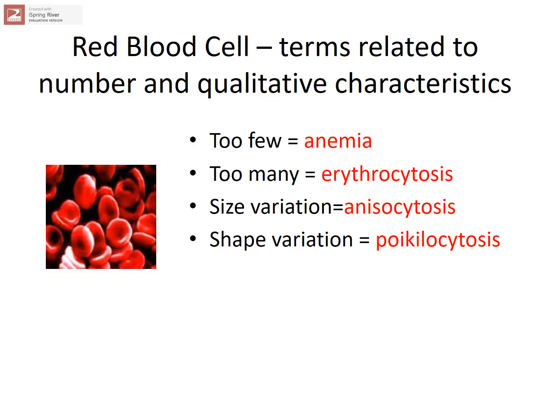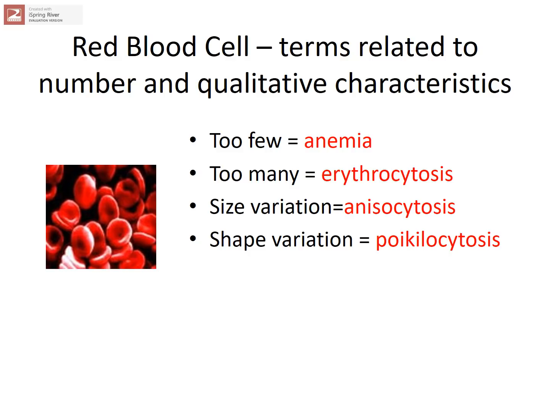Too many red cells can also be quite dangerous. The blood can become thick, sludgy, difficult for the heart to pump, and there are some specific diseases such as polycythemia that represent a severe erythrocytosis. It's also useful to know if the cells, the red blood cells, are normal size or too small or too large, and also if they are normally shaped like a biconcave disc or if they're abnormally shaped.